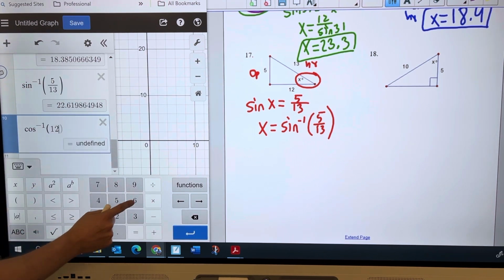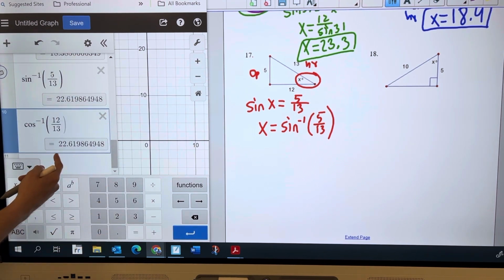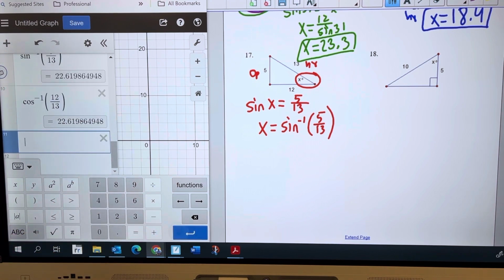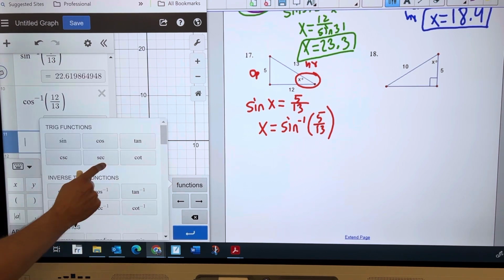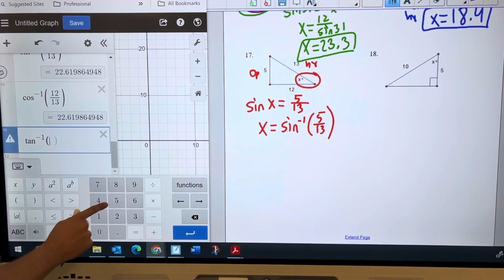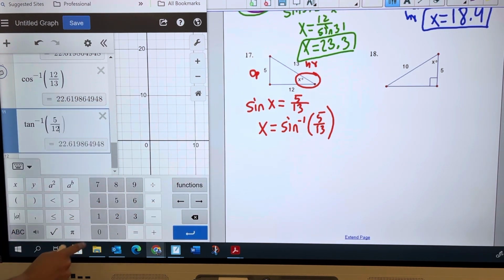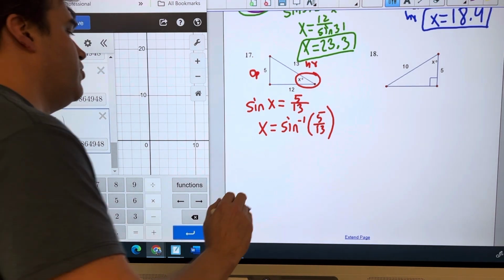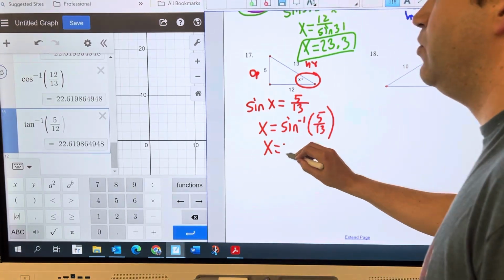So that's 12 over 13, 22.619. And if I'd used tangent, I'd have tangent inverse of opposite over adjacent, so that's 5 over 12. All 3 give me 22.619. So x equals 22.6.